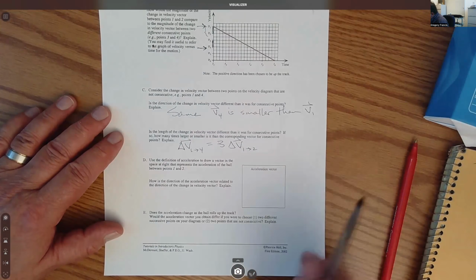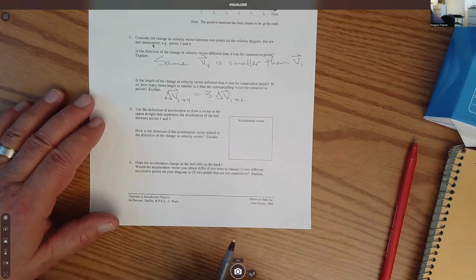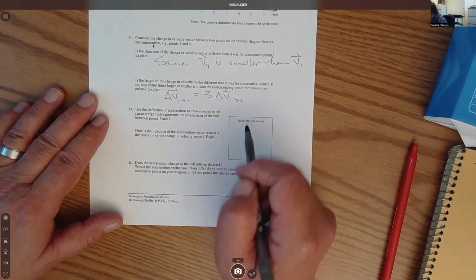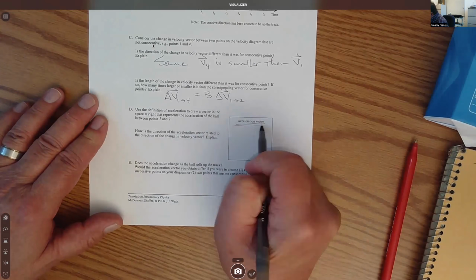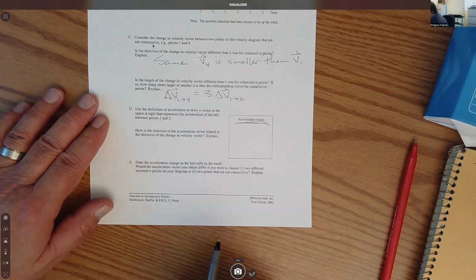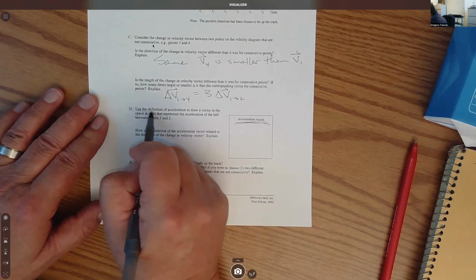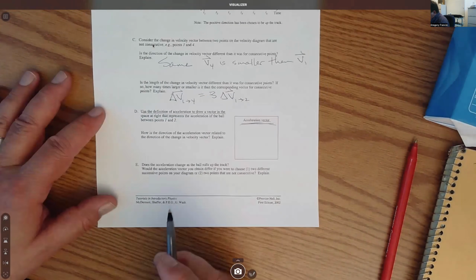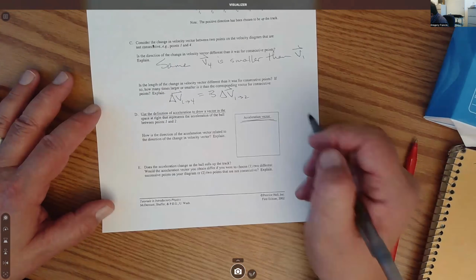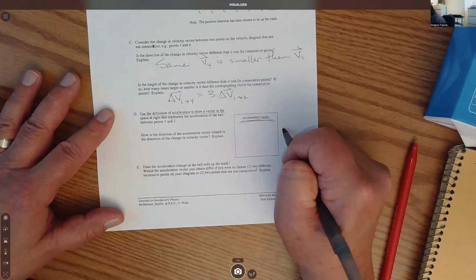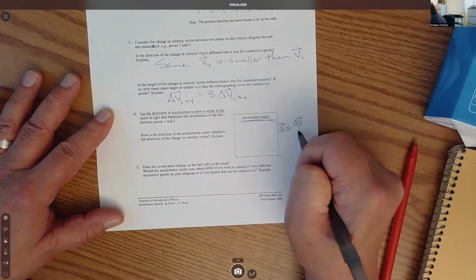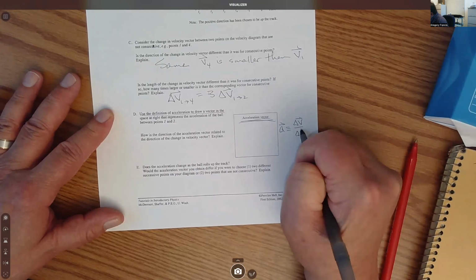Now, the next part asks us to draw the direction of the acceleration vector using the definition of acceleration. The definition of acceleration is just the change in velocity vector divided by the time interval.